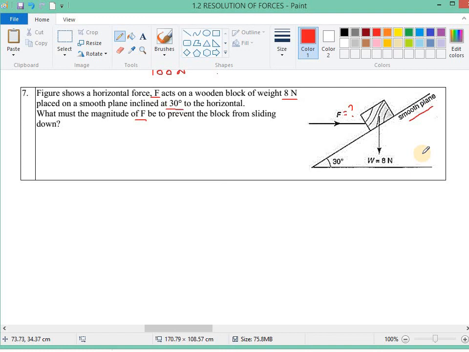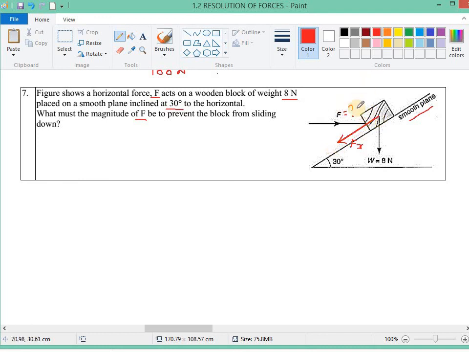If no friction, that means the component parallel with the inclined plane from the weight will be able to make the wooden block slide down. That means this Fx from the weight 8 Newton will be able to make the wooden block slide down.